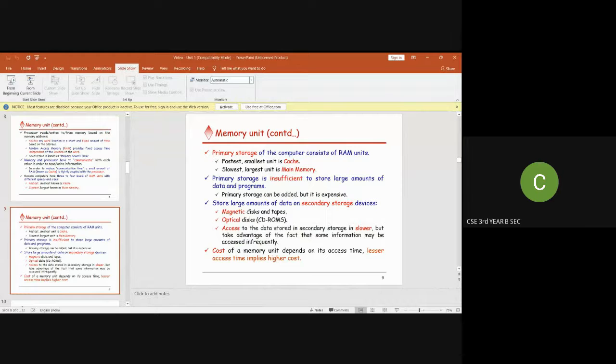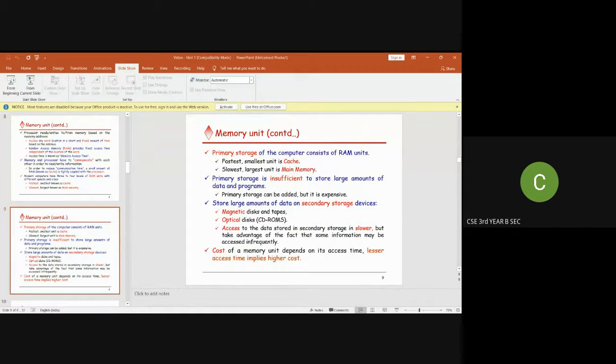So both the instructions and data should be stored in the primary memory so that the processor can get them from it. The processor will always access the primary memory, not the secondary memory.